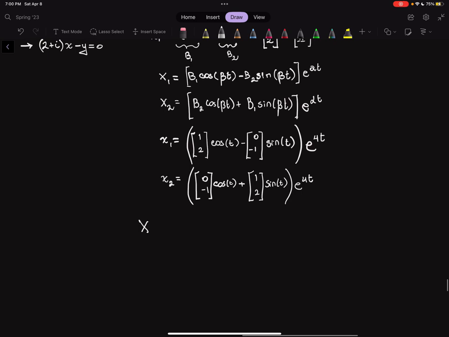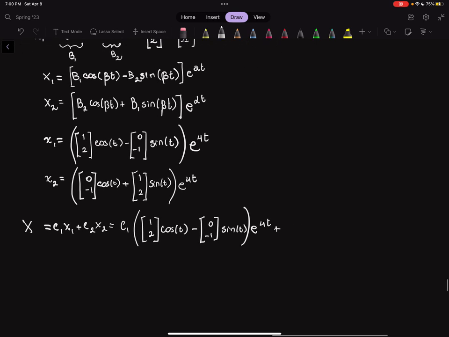The general solution is going to be c1 times x1 plus c2 times x2, which is c1 times [(1, 2) cosine of t minus (0, negative 1) sine of t] e to the 4t, plus c2 times [(0, negative 1) cosine of t plus (1, 2) sine of t] e to the 4t.